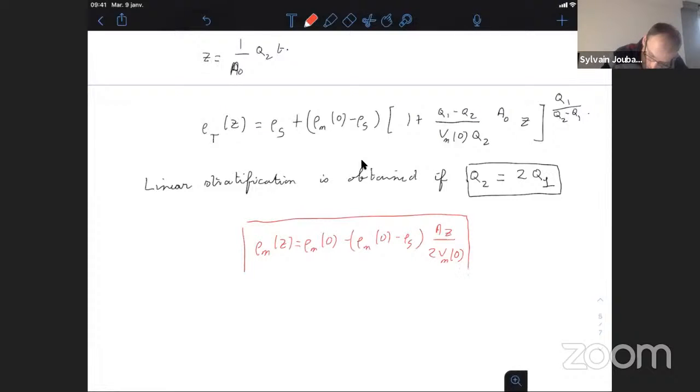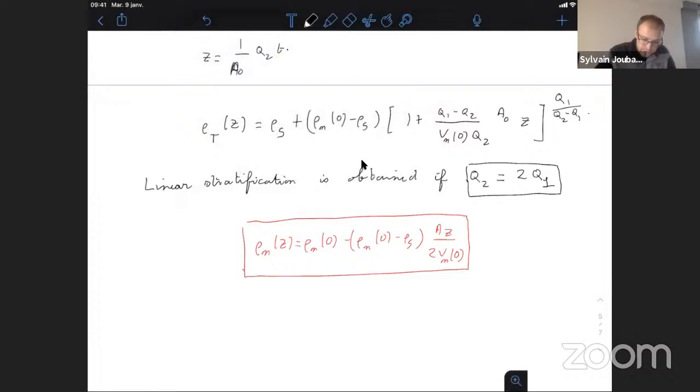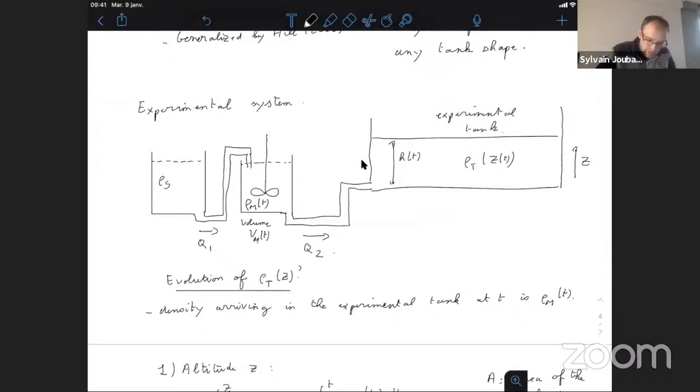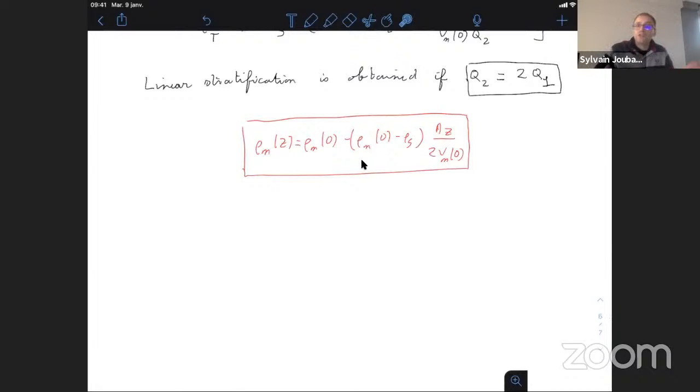So knowing the shape of the experimental tank, knowing the initial density in the two tanks used, the tank on the side that is used for filling the tank, and you need to know the initial height of this tank, you have the stratification you want, the linear stratification you want, which is given by this expression.